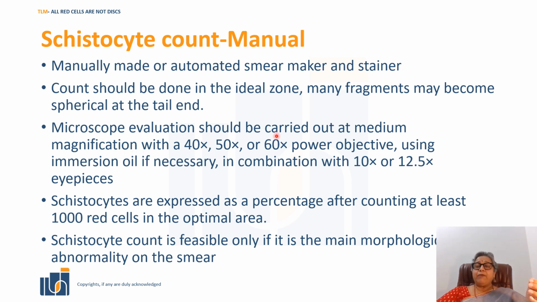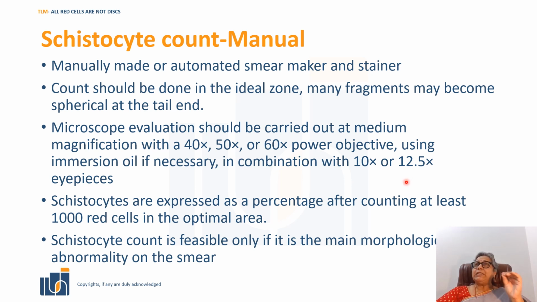Now, microscopic evaluation should be carried out at medium magnification with a 40, 50 or 60x power objective, with oil immersion if necessary, in combination with a 10x or a 12.5x eyepiece. Which means you either do it at high power or you do it at oil, whichever is convenient to you.